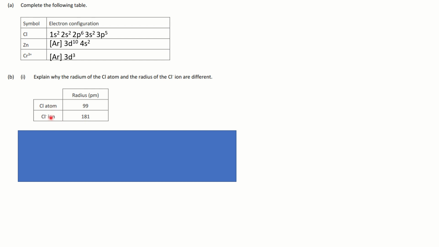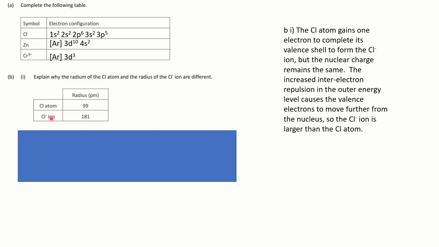It's a negative ion, so it has more electrons in it. And based on that and your knowledge, you know that the chlorine atom gains 1 electron to complete its valence shell to form the Cl- ion. So you're working in the same valence shell as you would be for the atom, but the nuclear charge remains the same. The nuclear charge is the same for the atom and the ion, same number of protons.